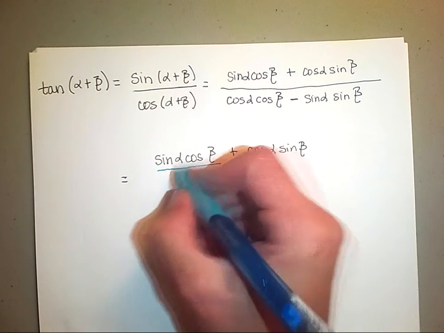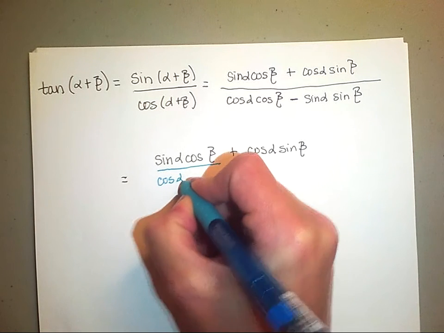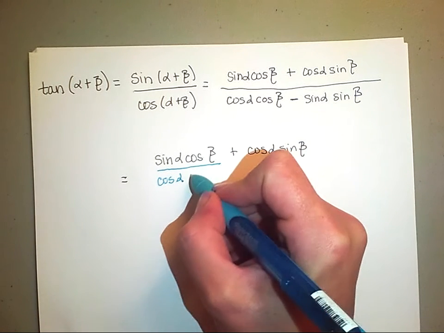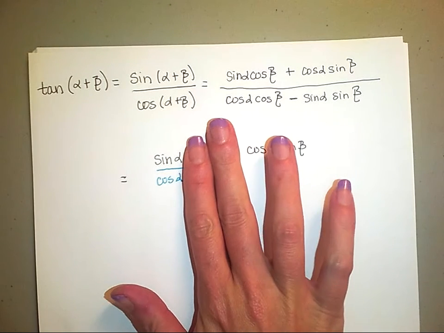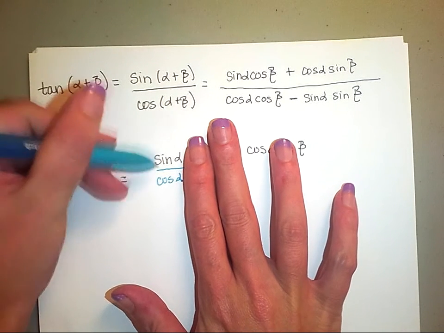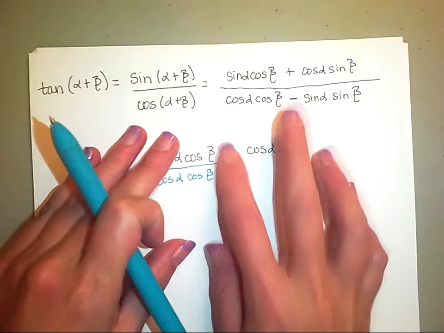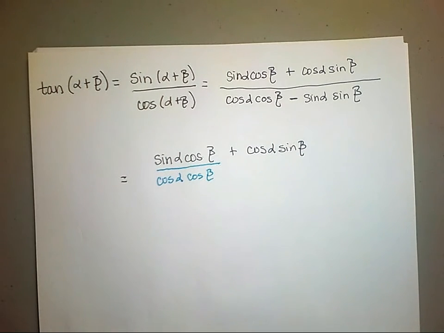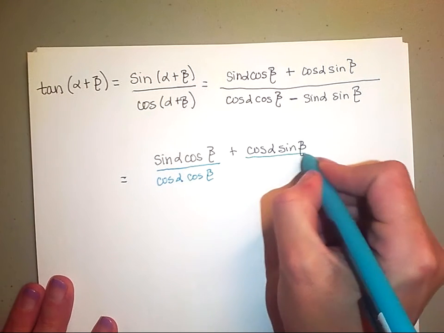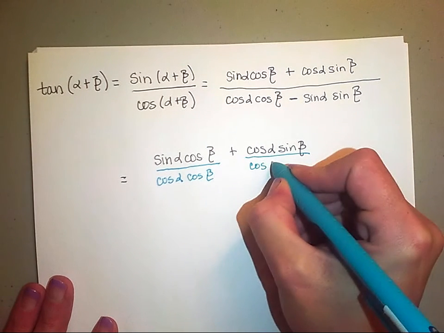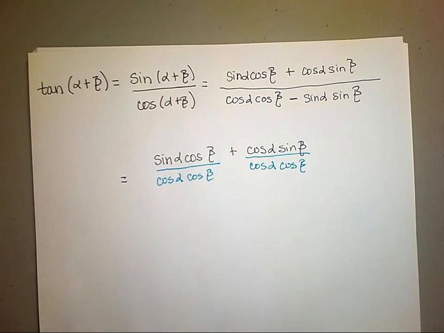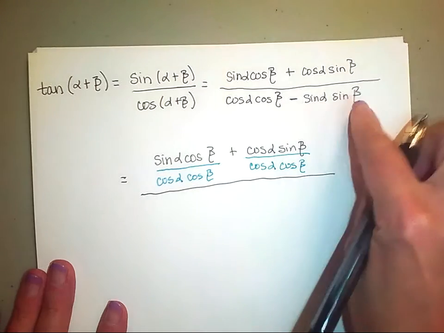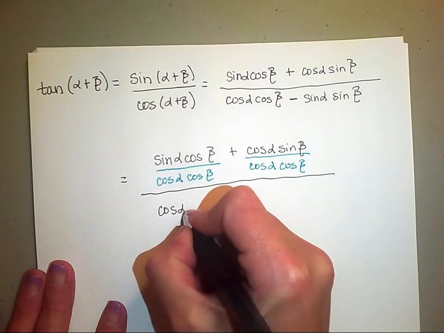Well, if I divide this by the cosine of alpha, and then let's just multiply by the cosine of beta here, then I would get a tangent of alpha, because sine of alpha over cosine of alpha is tangent, and cosine beta over cosine beta is just 1. But if I'm going to do that, I have to do it for everything, so that this one would also have to be divided by the cosine of beta. And I can't just do that to the numerator. I also have to do that for the denominator.